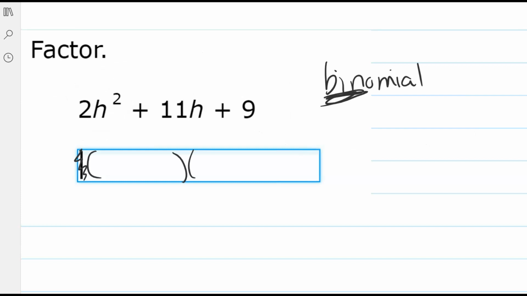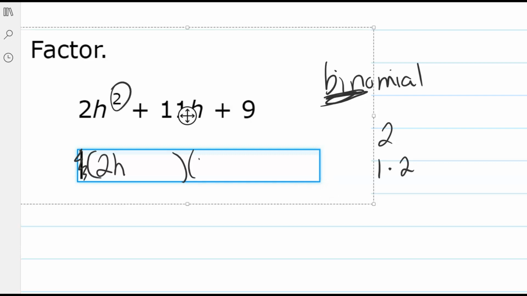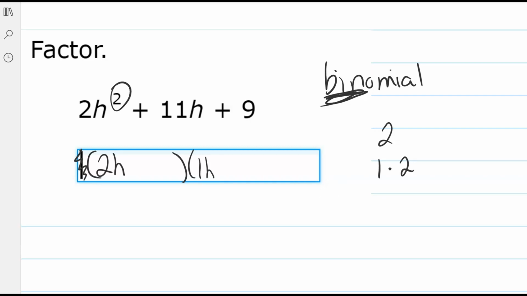There are only 2 numbers that multiply to get 2, and those are 1 times 2. So, I don't know, you want to put the 1 here or the 2 there? Or do you want to put the 2 there and the 1 there? Who cares? You just have to pick one. Okay, so let's do 2h, right? I got 2 h's, so I'm going to put 1 there, and I'm going to put 1 there.